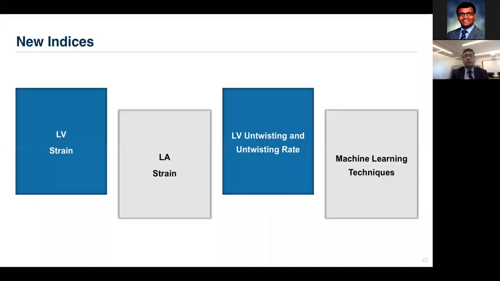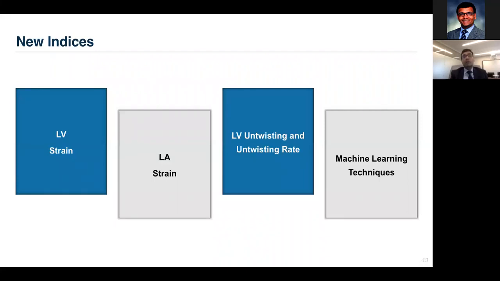There are several other new methods or variables that have been introduced, particularly global longitudinal strain. Left atrial strain is coming very quickly as a very important marker of diastolic dysfunction. In the very near future, you're going to see more and more incorporation of left atrial strain into clinical guideline documents. There are also other variables like LV untwisting and LV untwisting rates, strain rates, that are not completely standardized.